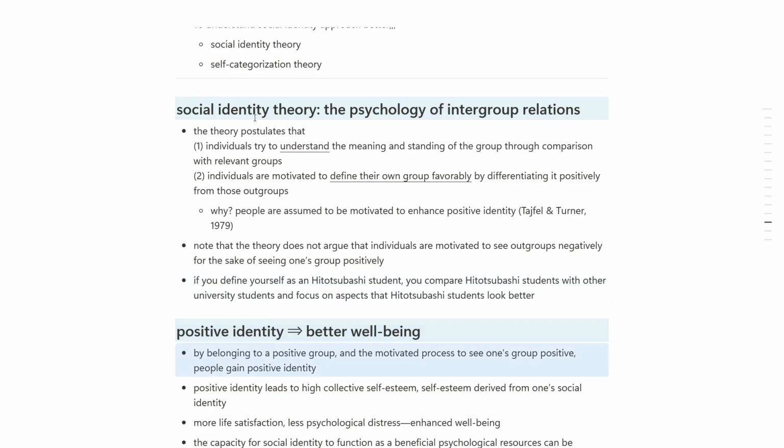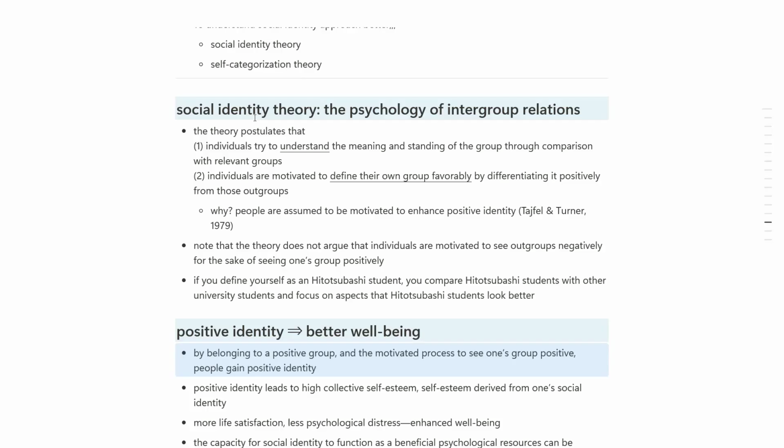By belonging to a positive group and the motivated process to see one's group positively, people gain positive identity. There are many ways to gain positive identity. For example, if you accomplish something as an individual, you can gain your individual or personal positive identity.